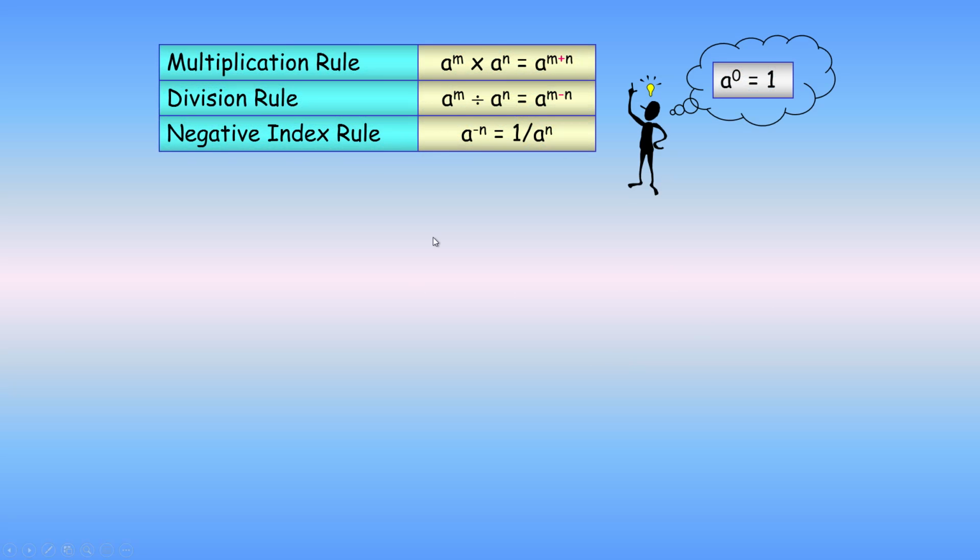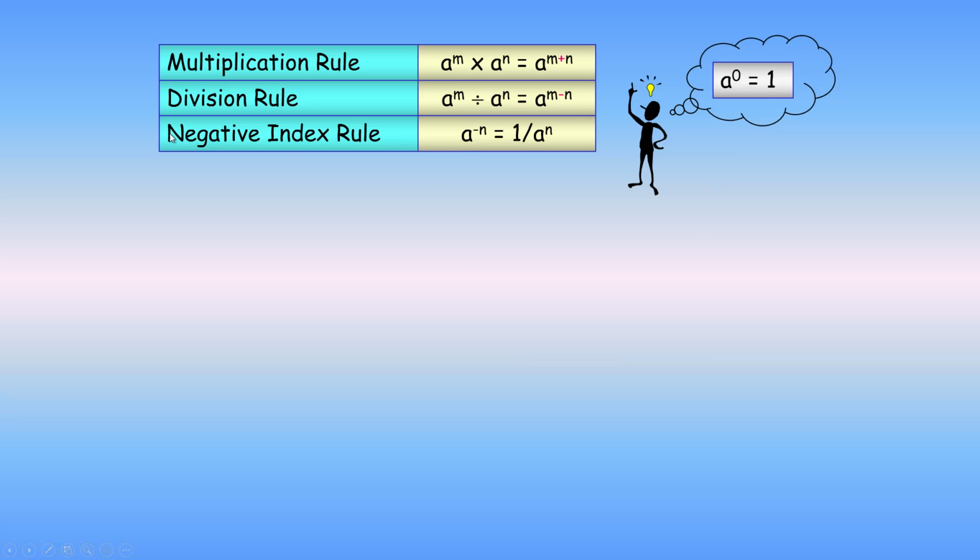So last lesson we looked at the addition rule for multiplication, the division rule, and the power rule. We also found out that a to the power of 0 equals 1.